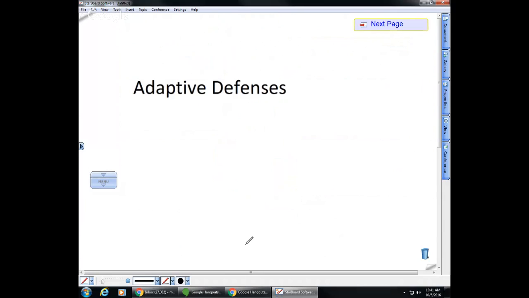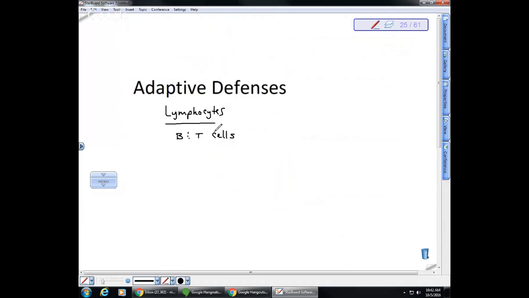Okay, so everything that we talked about are innate defenses. Now we're going to talk about the adaptive defenses, okay? So the adaptive defenses include the lymphocytes, which are the B and T cells.